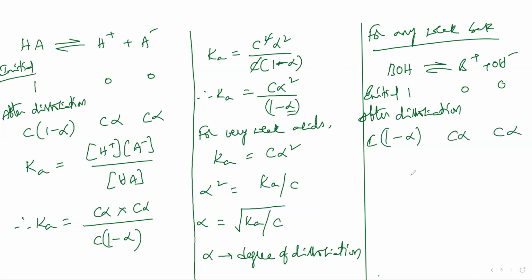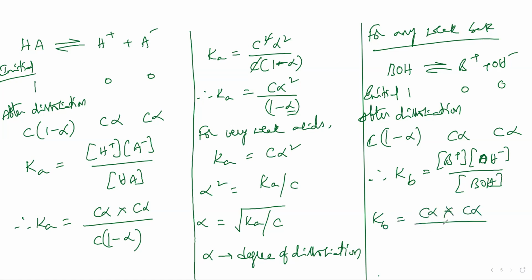Similarly, base dissociation constant is given by concentration of products divided by concentration of reactants. Now let us substitute those values. What is B plus concentration? C alpha into C alpha by BOH concentration, C into 1 minus alpha, which is equal to C square alpha square by C into 1 minus alpha.